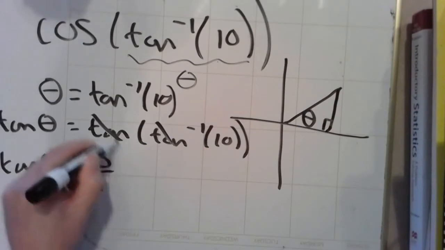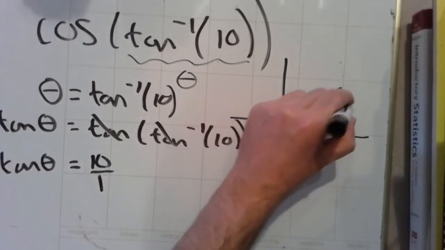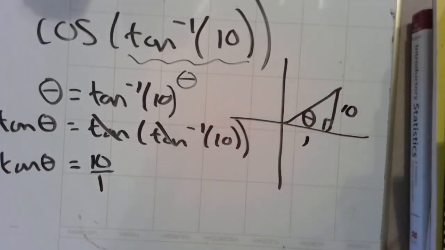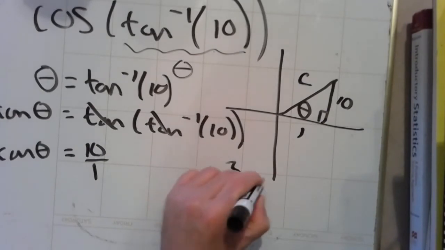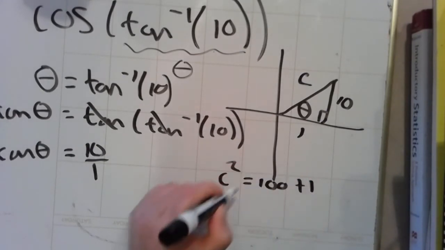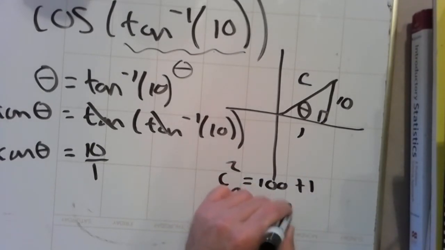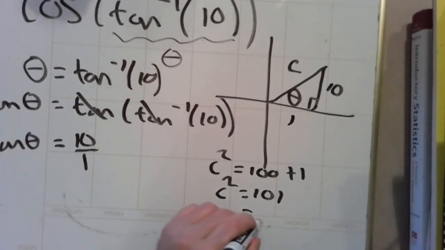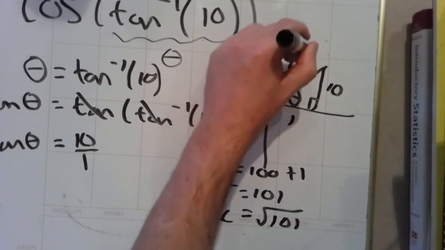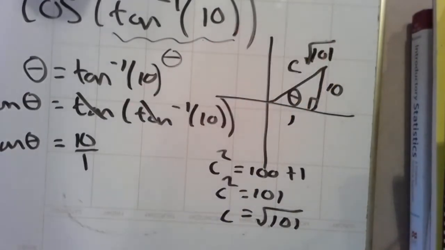I know tangent is 10 over 1, and tangent is opposite over adjacent. Let's find the third side, c. C squared will be 100 plus 1, so c squared is 101. C is the square root of 101. We want exact answers here, no calculator.